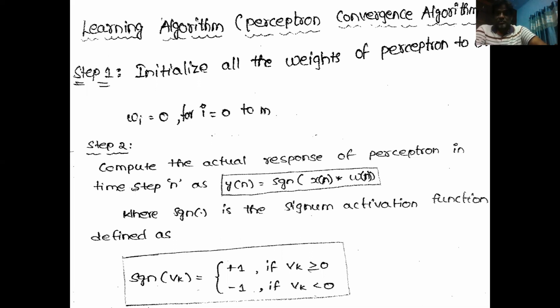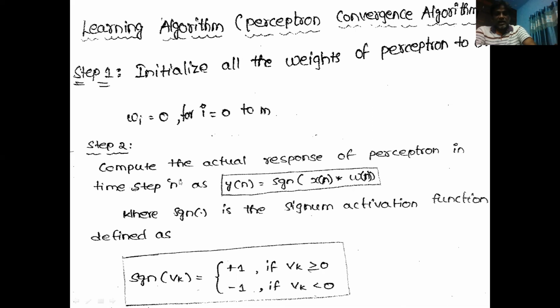So here also we'll follow the same step. Initialize all the weights of the perceptron network to 0, including bias. Here we are mentioning Wi is equal to 0 for every i value 0 to m, where m is the number of connections or number of inputs. Wi starts with i is equal to 0, which will be taken as bias weight. W0 is taken as bias weight, as I told you earlier.